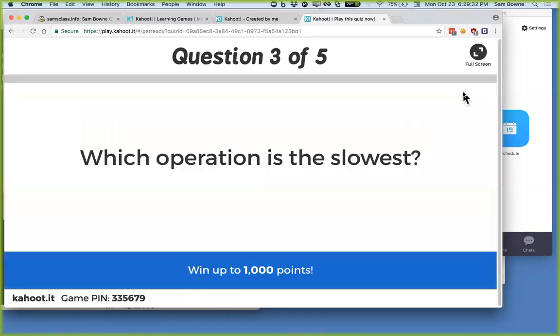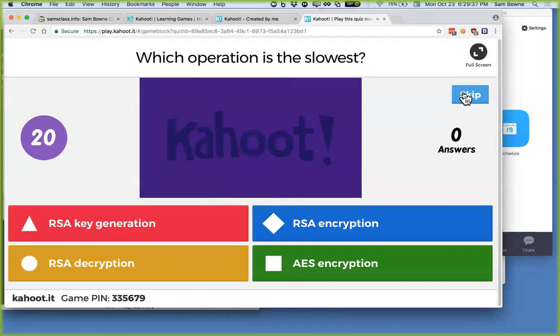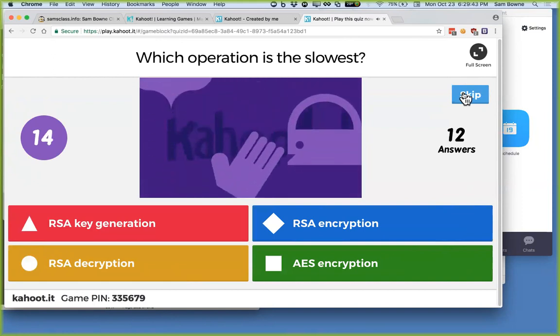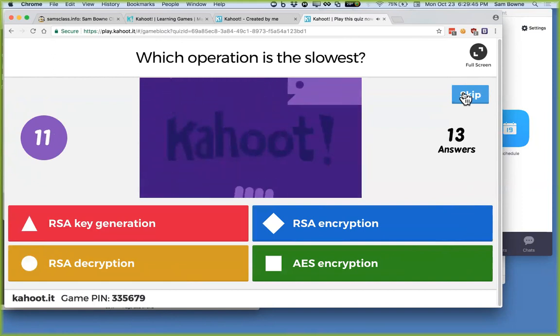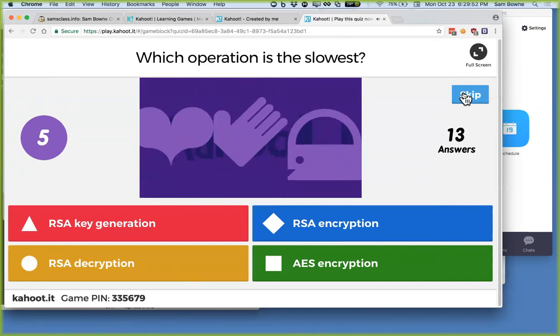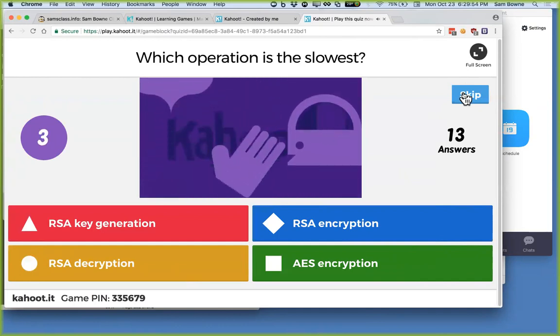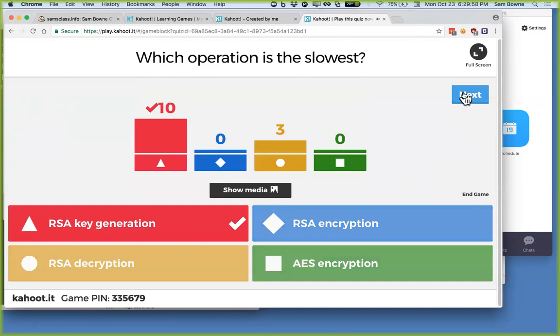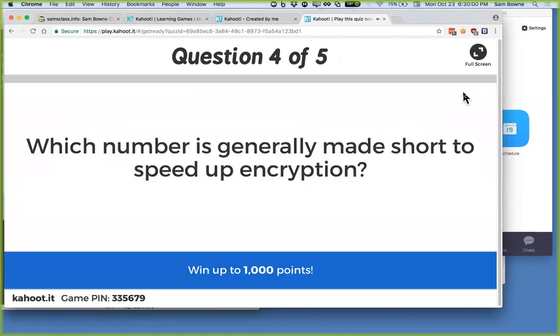All right. What's the slowest operation? All right, key generation, of course, by far the slowest because it has to guess for those prime numbers.